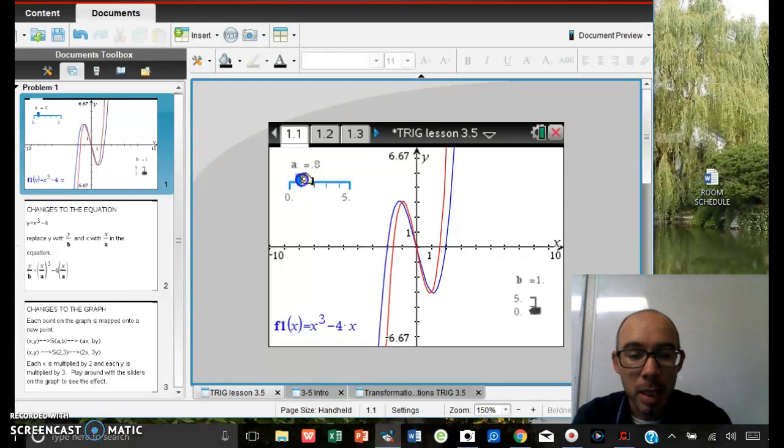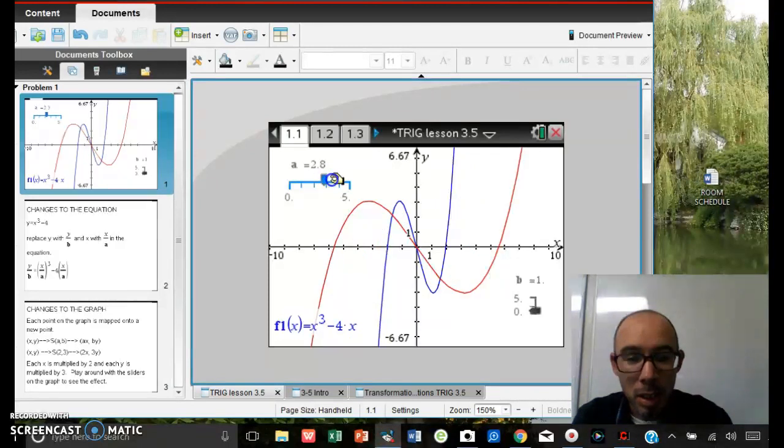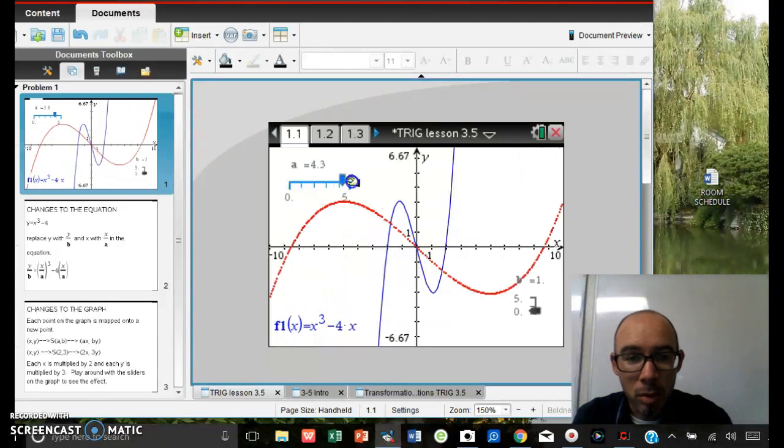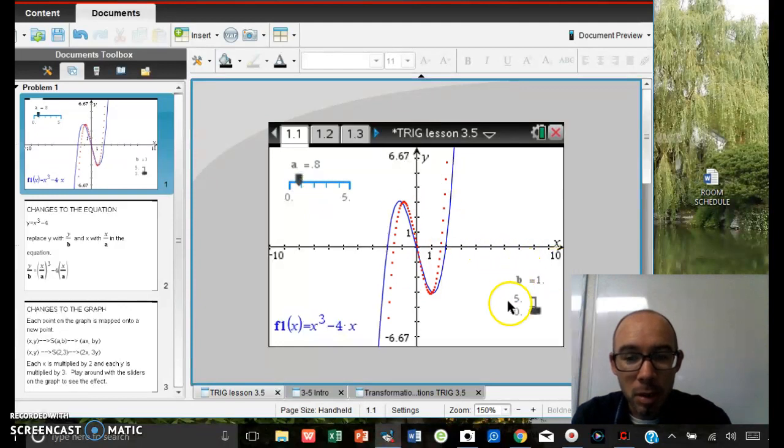This is 0.8. x gets replaced by x over 0.8. x is being replaced by x over 1.3. x is replaced with x over 2.3, and you can see as I make that number bigger, it stretches it out horizontally more and more. That's the effect.